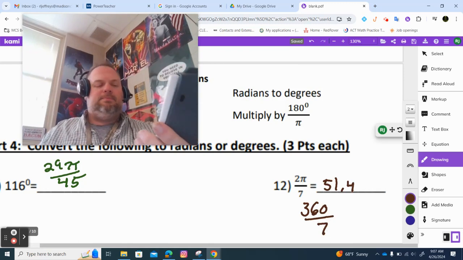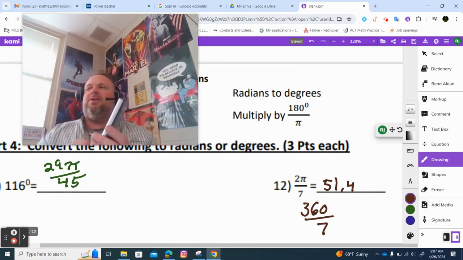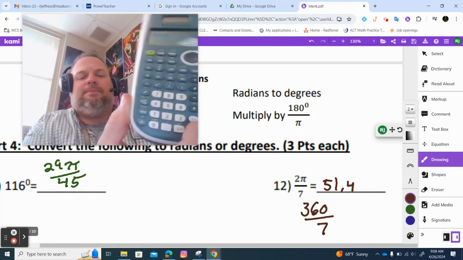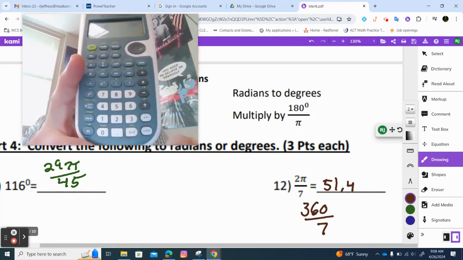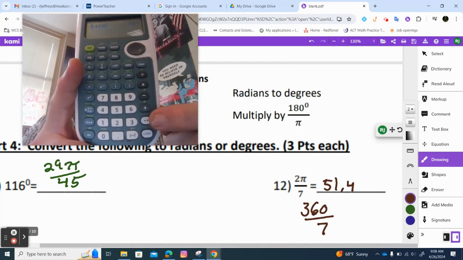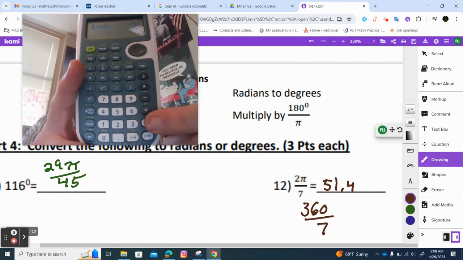All right. Does anybody know how to change a fraction to decimal on the calculator on these? All right. You see the enter button down here, like the enter equals button? You see just above it, these double arrows?